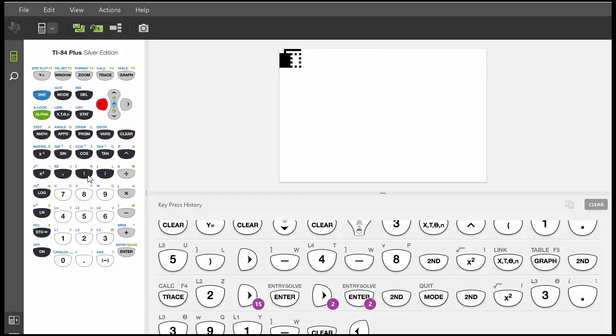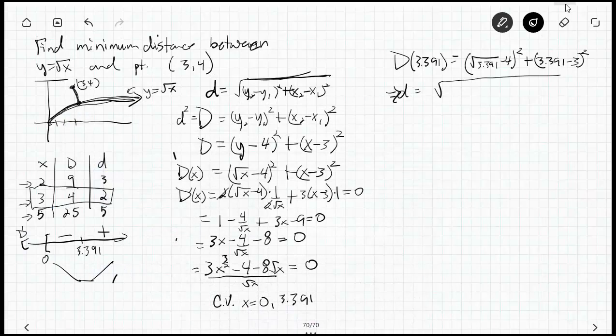Let's stick in a paren here just to make it easier. Apparently technology is not my friend right now. We'll just put this in: 3.391 minus 4 squared plus 3.391 minus 3 quantity squared, and then you can crank this thing into your calculator.